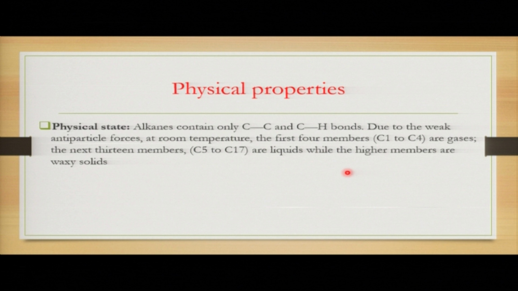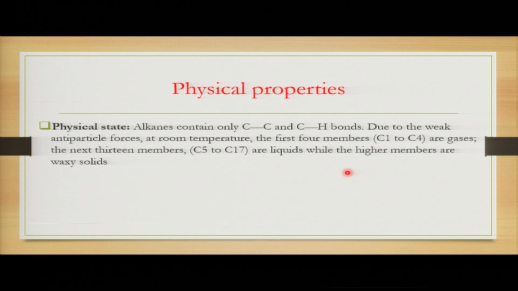So you need to remember these ones as well, because we said the first member is methane, the second member is ethane, the third member is propane, and the fourth member is butane. So these members exist as gases at room temperature.